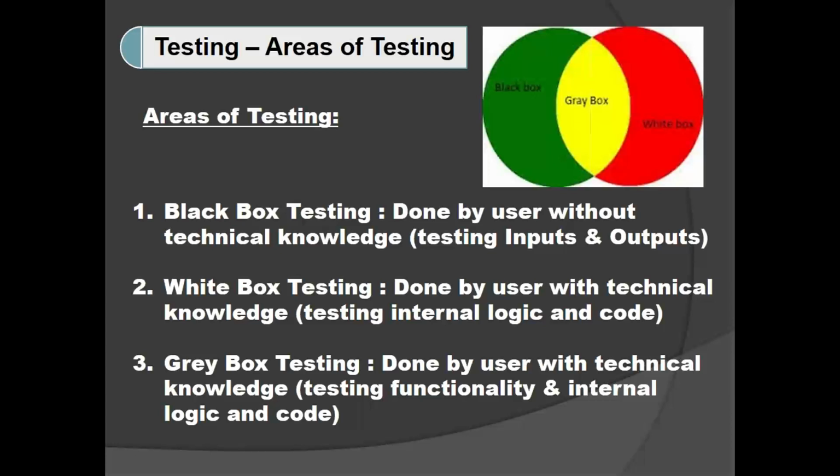The tester who does black box testing takes the role of an end user. He will take whatever inputs and check whether the system is giving proper output or not.